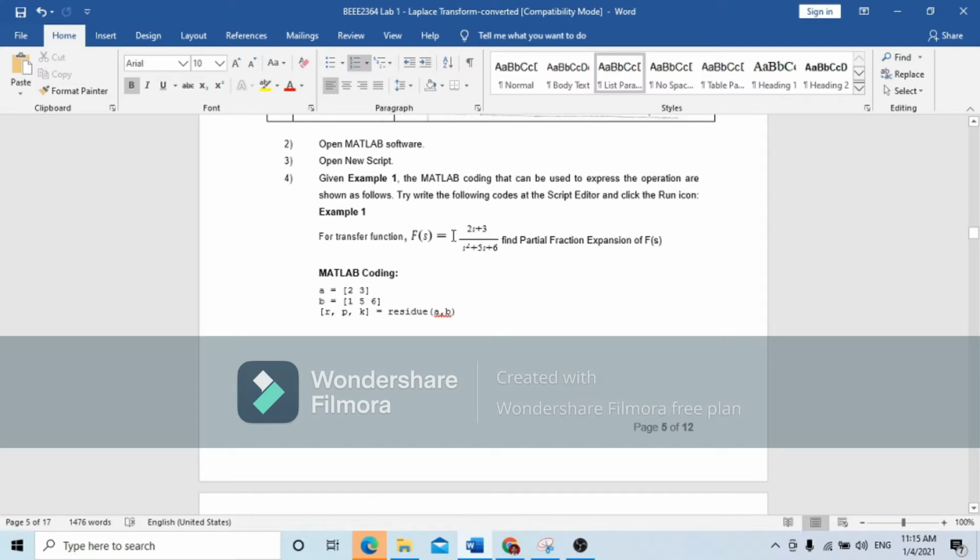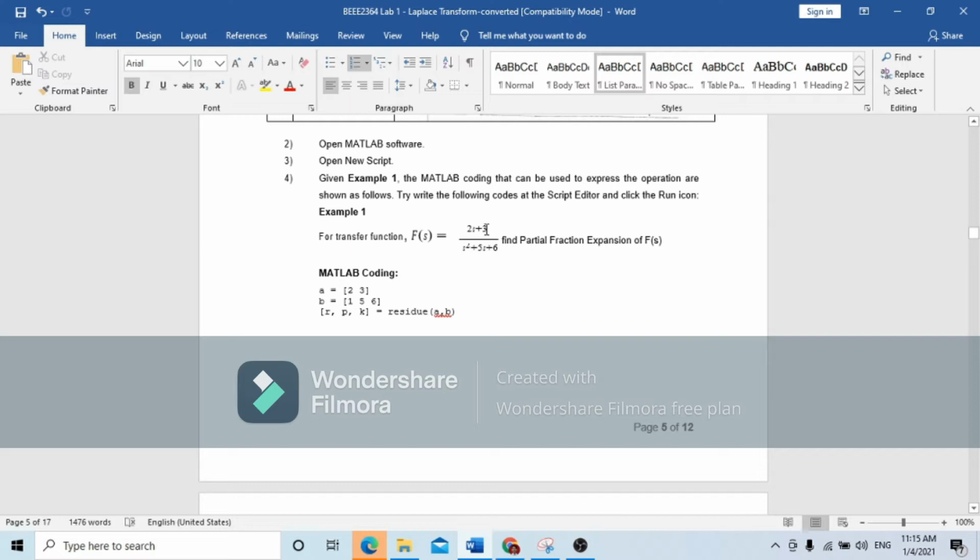A is the numerator polynomial, for the equation above, and B is the denominator polynomial, which is below. These two, numerator and denominator, we write in descending powers of S.